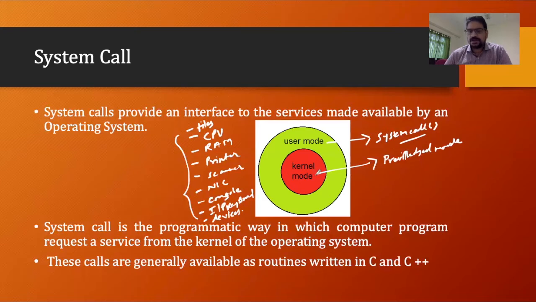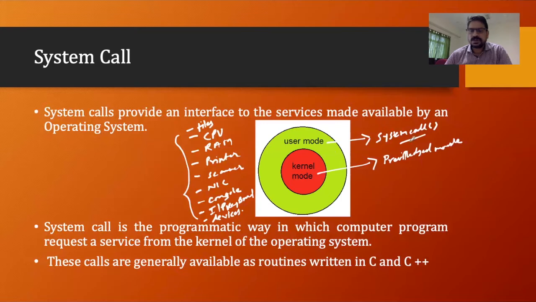We do not touch the kernel mode. It is executed by the operating system itself, and we just give a request through the system call that I want all those resources which are required by my program. So for that, I use the kernel mode.